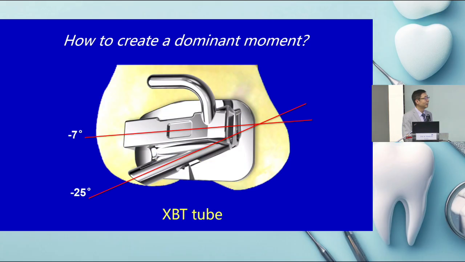That's why we make this minus 25-degree round tube, because we want this angle larger than the malpositioned tooth. Then we can make sure the dominant moment is on the anchor molar.